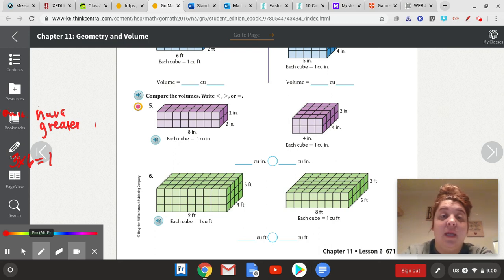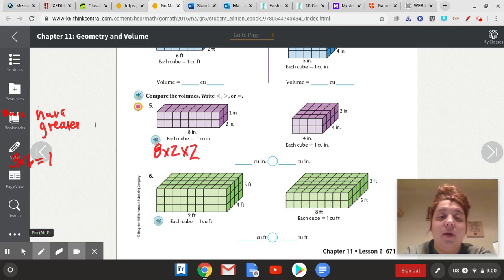So here you're going to do 8 times 2 times 2, and you can do 8 times 2 is 16, and you can do 16 times 2 because all you have to think, well, 16 plus 16, what does that equal? Oh, that's 32. Okay, they already put the measurement there for you, 32 cubic inches.